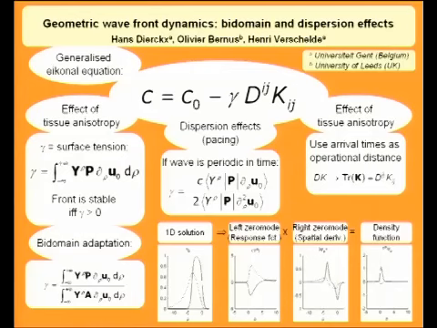So we can, based on response functions, calculate or predict the surface tension for a given model. And another feature that we have in our equation is that instead of just the scalar term D times K, here we have a tensor trace, and it accounts for all anisotropy in the tissue.